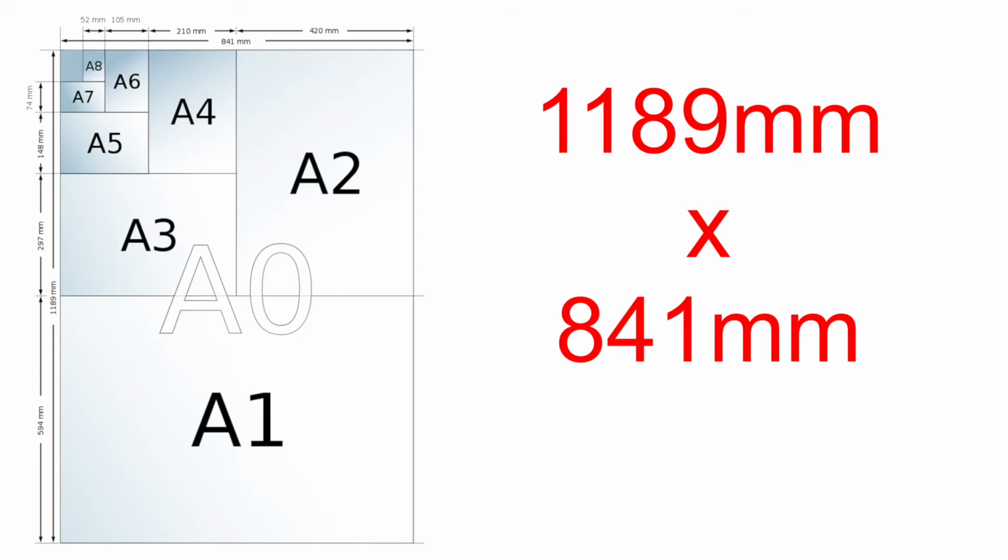At this juncture, I would like to point out that there is a curious thing about the longest side of the A0 sheet, that dimension being 1189, which just happens to be the number of chapters in God's Word.